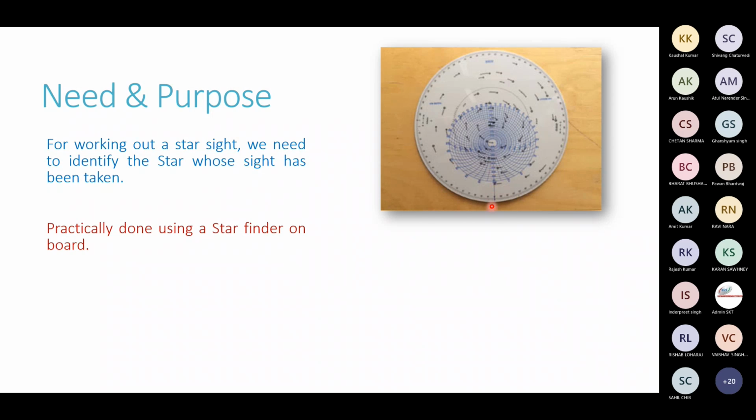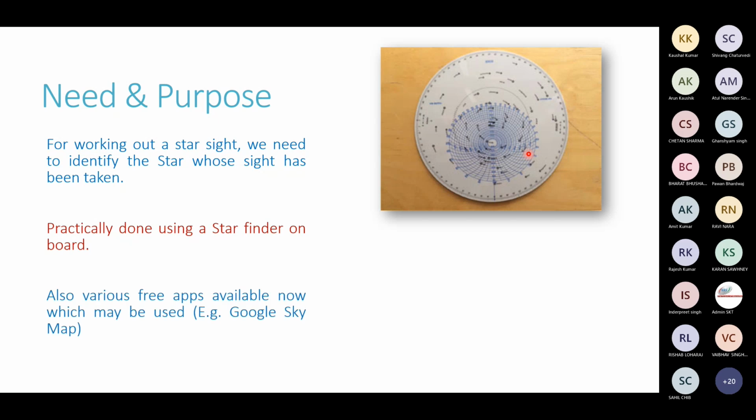And when the LHA Aries is aligned with the base template, you are able to see all the important stars which are there in your view, or which you can observe and use them for site solving. So you will get approximate altitudes and approximate bearings or azimuth of all those stars. So this helps you to identify which is the star which you have used for your site taking.